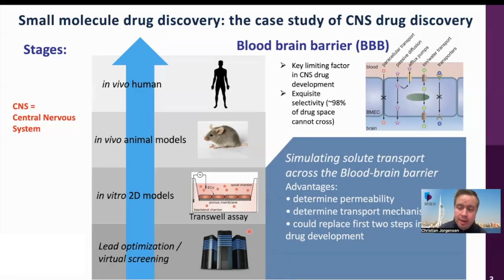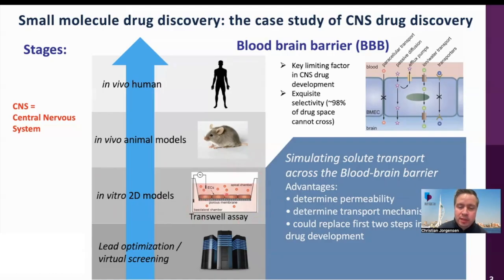Once you are happy with that, and that is a very complicated process, you can test the proposed scaffold in an in vitro 2D model. Typically, this is done with a transwell assay.